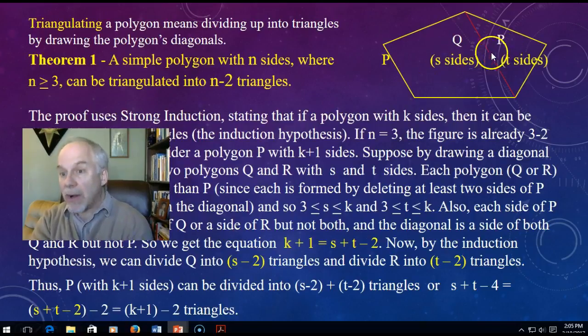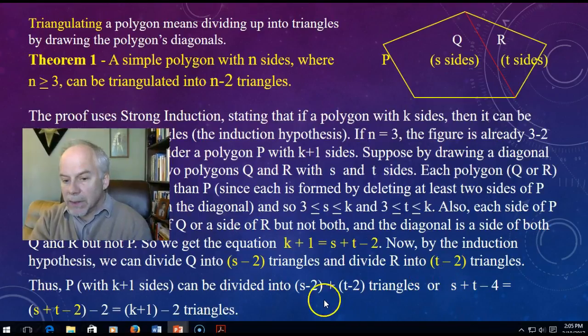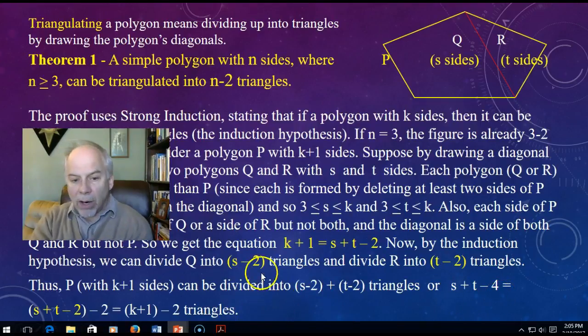So the number of triangles, not sides, but triangles, in the whole polygon P is the sum of those two, which if you add these two expressions, you get S plus T minus 4. But we already had up here that S plus T minus 2 is equal to k plus 1.